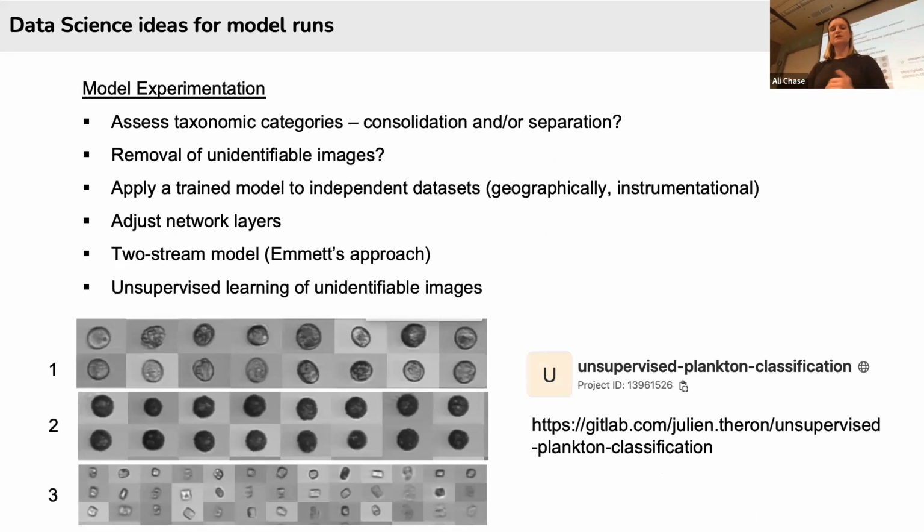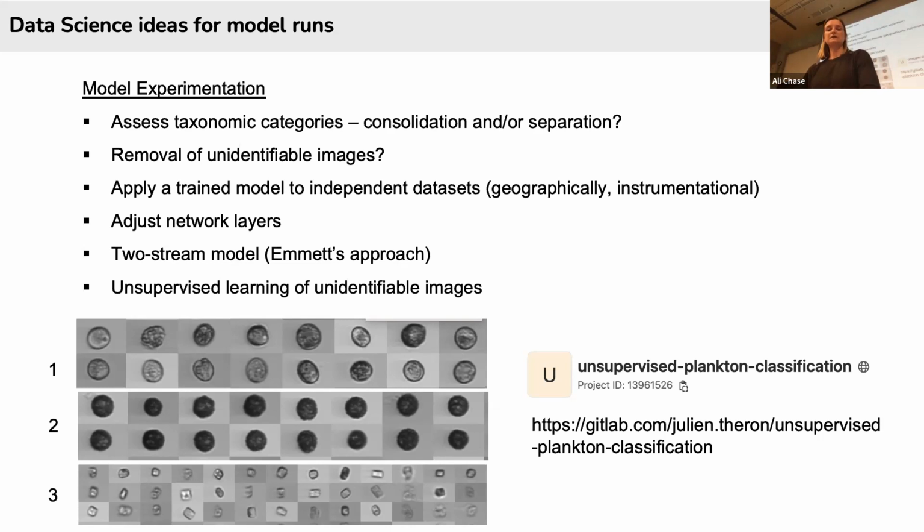Also model experimentation. So there's the data preparation side, distribution of categories, etc. But then different ways that we can test our models, how we define plankton groups. Maybe we need to consolidate some groups. We could try separating and running across more groups. There is this major issue of the unidentifiable images.